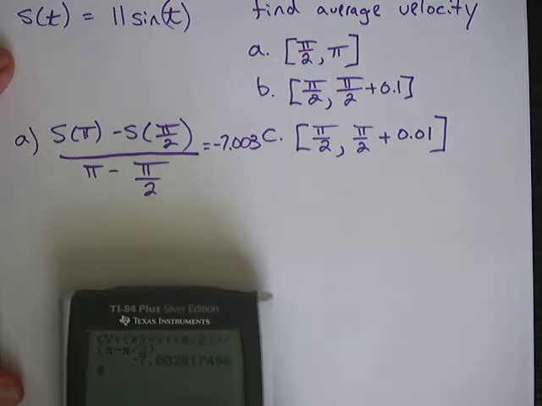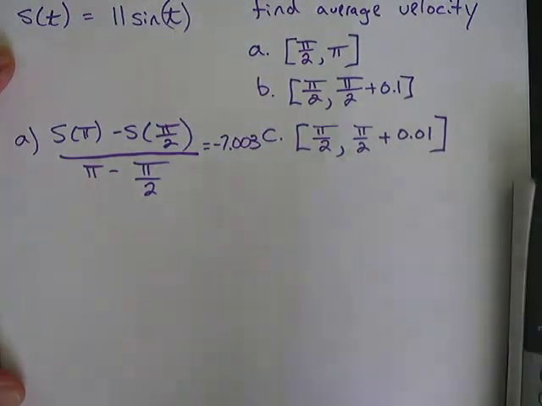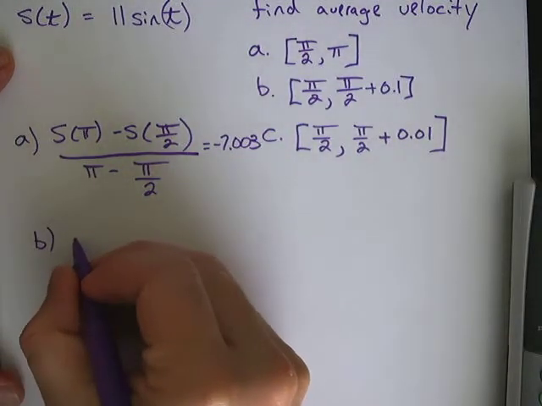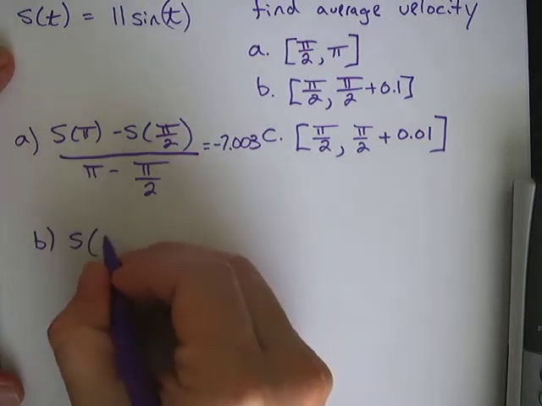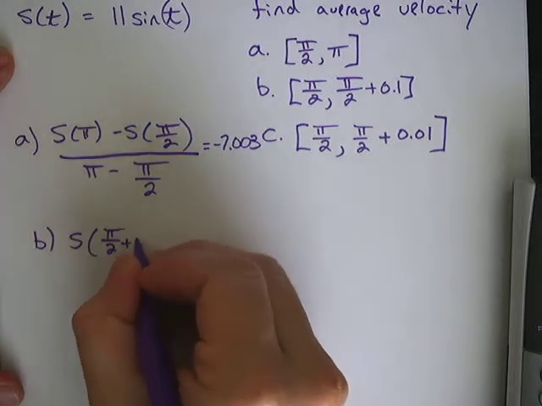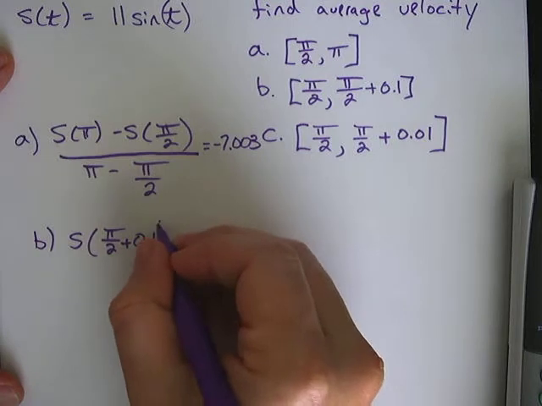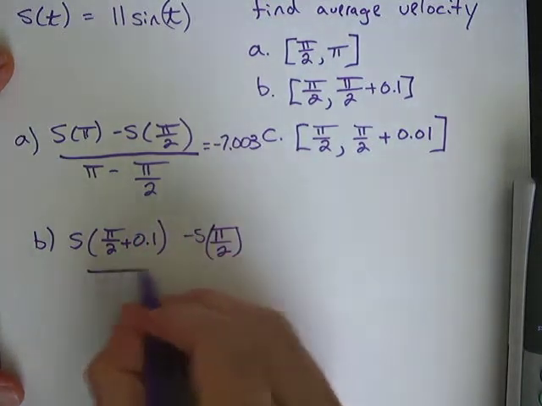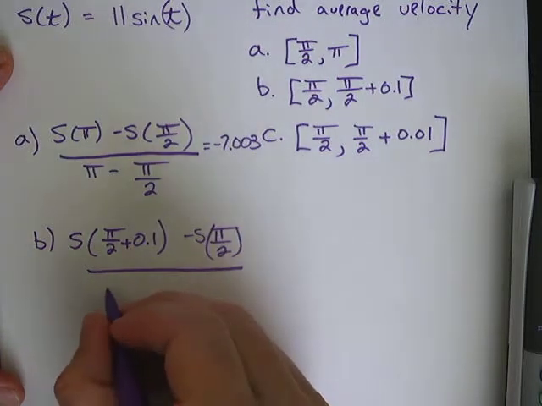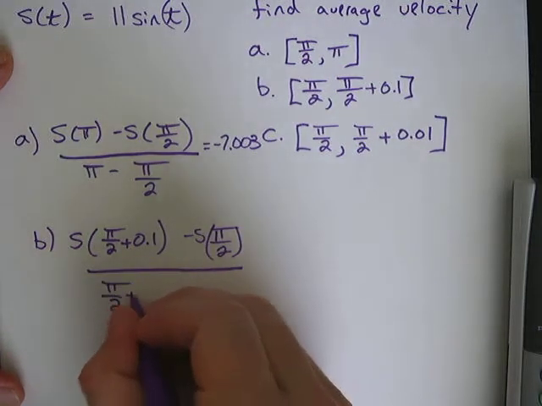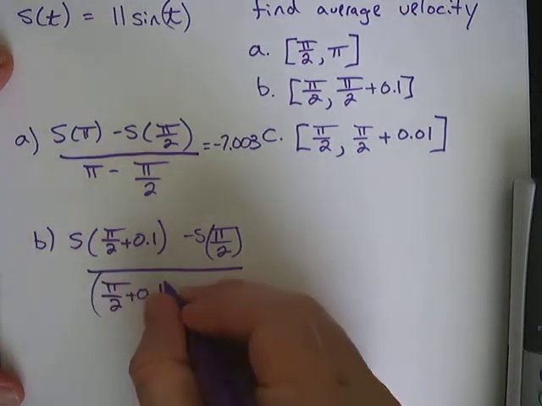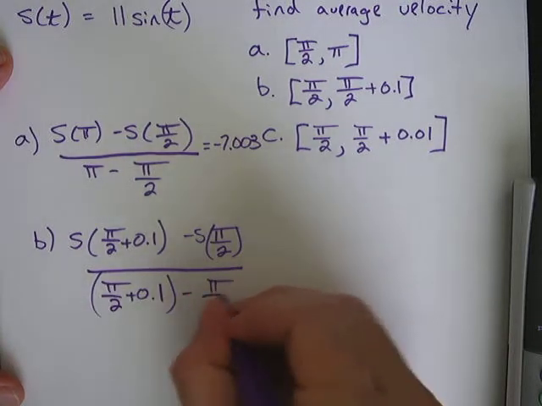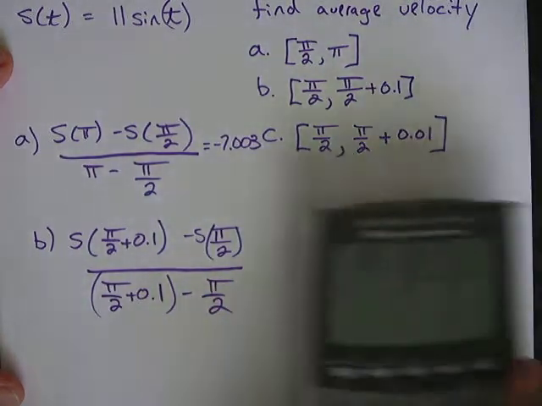Now, let's find it for B. B would be s of pi over 2 plus 0.1 minus s of pi over 2, divided by pi over 2 plus 0.1 minus pi over 2. Okay, so we're going to do it the same way.